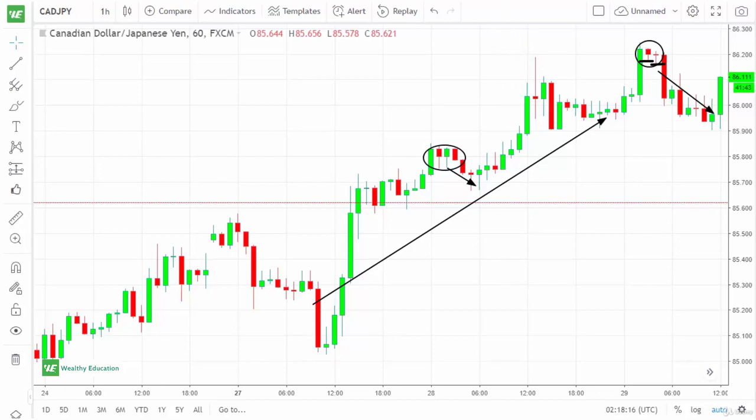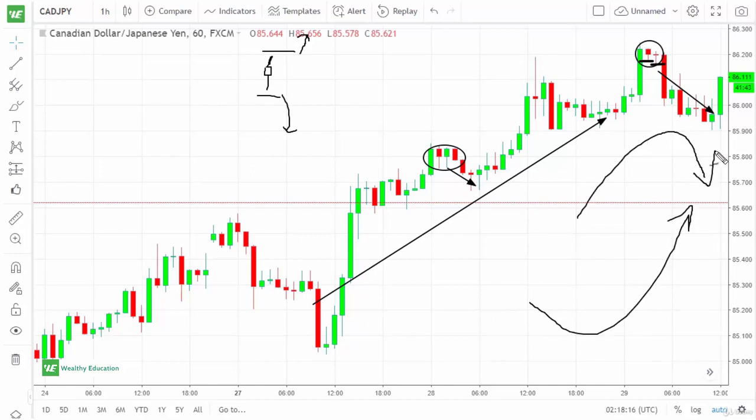But much like the hammer, the key is to trade it after we've broken below the bottom of it. If we break above the top of it, then that's just a continuation of the uptrend. So, in conclusion, a hammer, same candlestick shape, shows a reversal of a downtrend, and a hanging man shows a reversal of an uptrend.